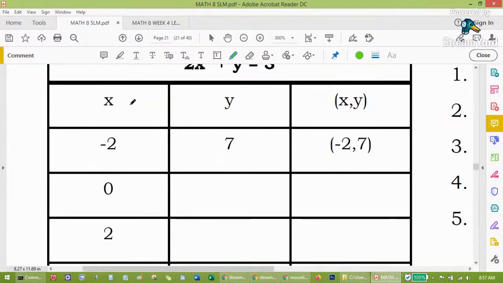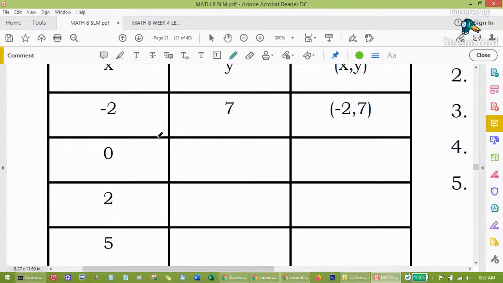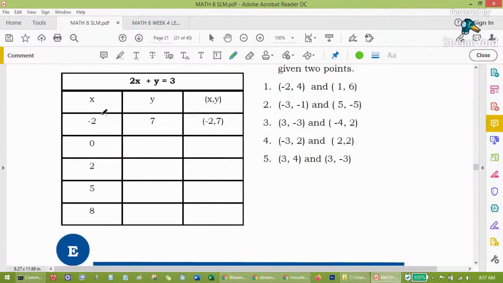Meron siyang binigay na x: -2, 0, 2, 5, 8. And then, meron na tayong isang sagot dito, y, 7. Bonus na yung y, 7. Therefore, the ordered pair is x is -2 and y is 7. Ang gagawin na lang natin is hahanapin natin itong mga values dito.